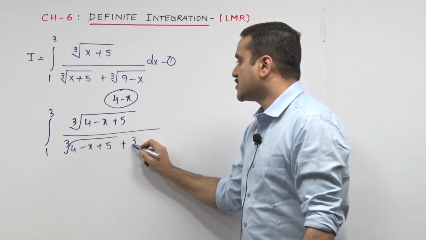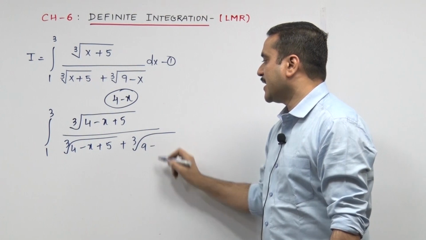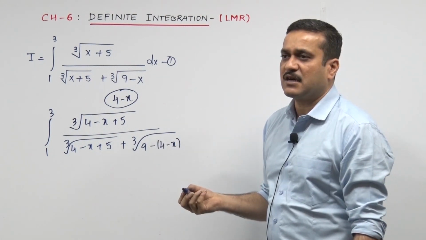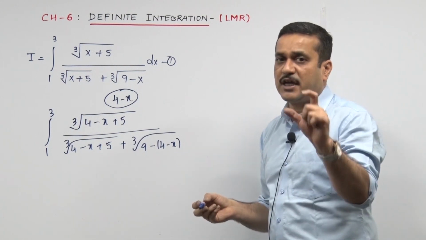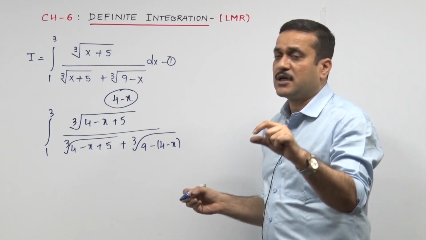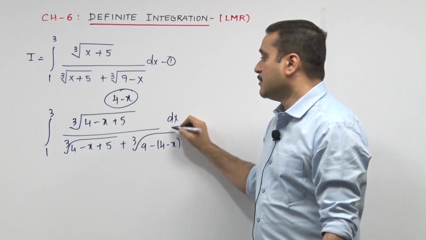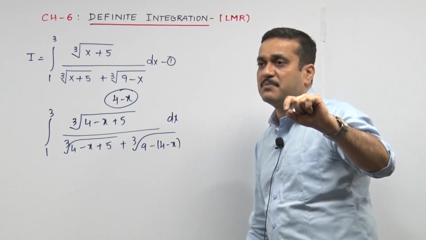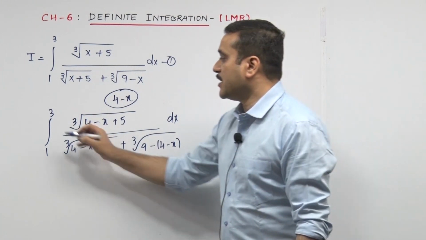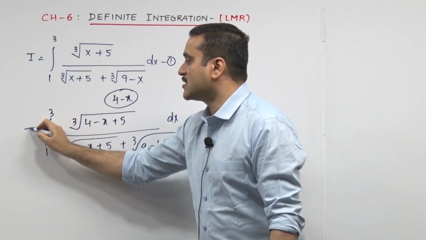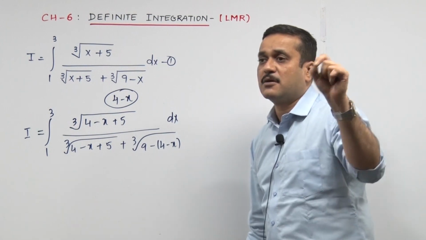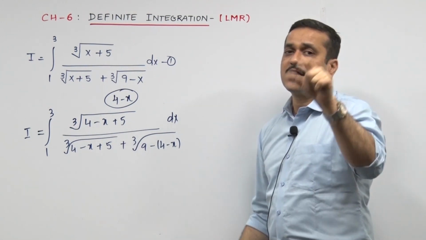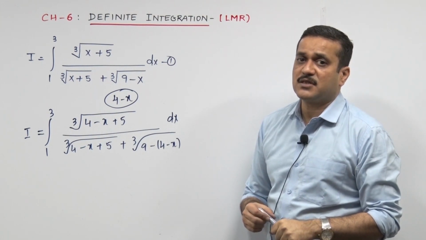Check. Plus cube root of 9 minus bracket 4 minus x. I hope that much algebra everybody is comfortable with. After the minus, if I am putting in 4 minus x, we need to put a bracket over that dx. The property is not applied yet, you just changed your x to a plus b minus x. Only when you say that even after that the answer is going to stay I, that's the point where you applied the property, which states that even after changing your x to a plus b minus x, the answer remains the same.